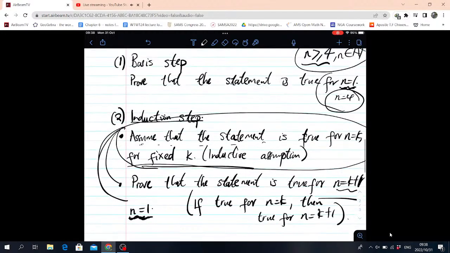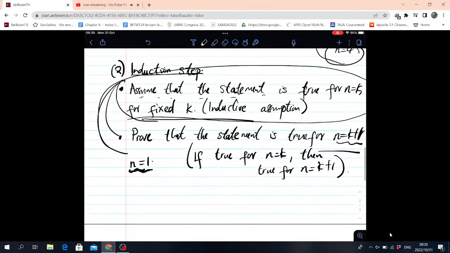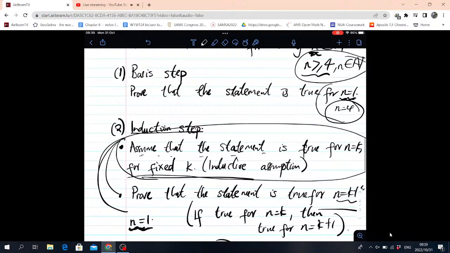From the first part, we have proved that it's true for n is equal to 1. So what it means is, if it's true for n is equal to 1, we know that is true for n is equal to 1 because of the basis step.